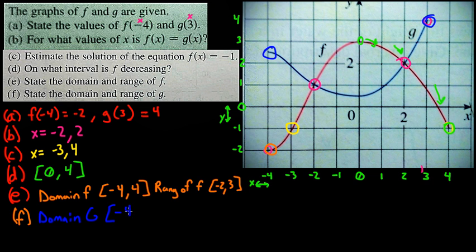So the domain is going to be negative 4, positive 3, and of course the range of g is going to be the lowest point and the highest point. So here's g, where's the lowest point? Right here. And that's going to be right at a positive 0.5. And of course the highest point up here for the range is going to be 4. And that's just a little more on functions.